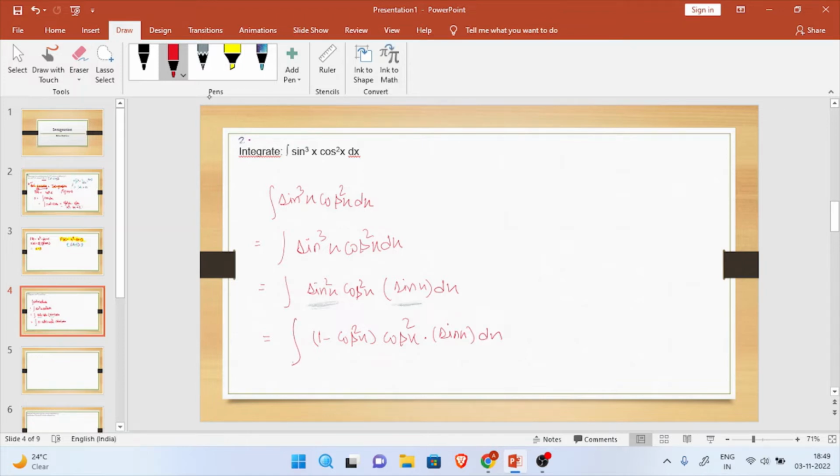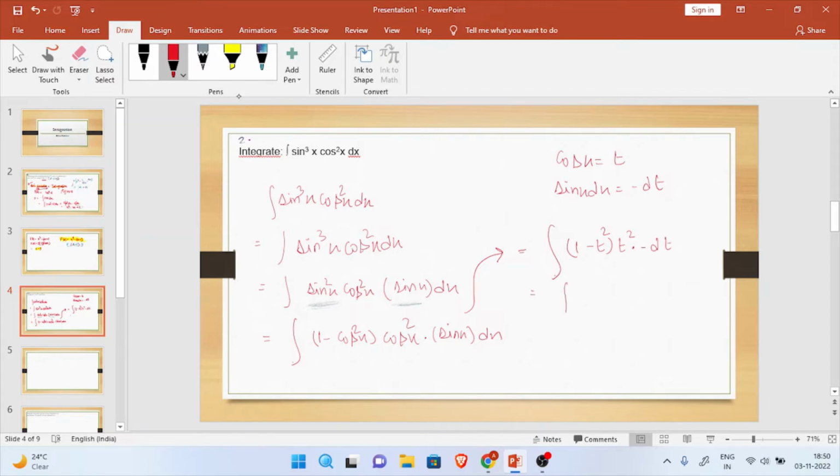Here we will use the method of substitution, where I will take cos x as t and sin x dx as minus dt. So from here I will get 1 minus t square into t squared, and sin x dx is minus dt.